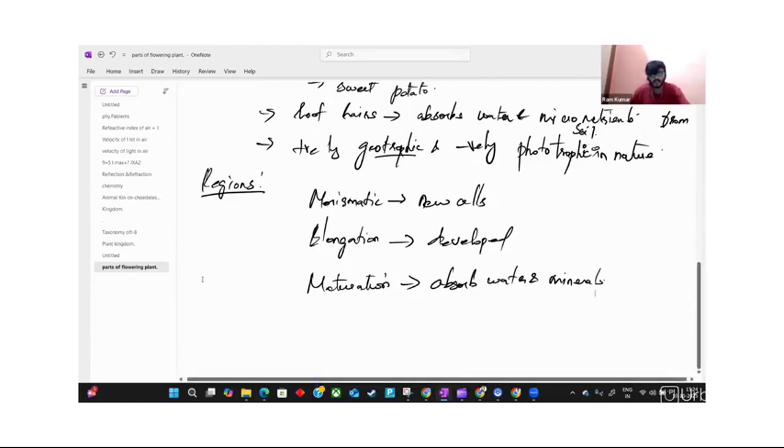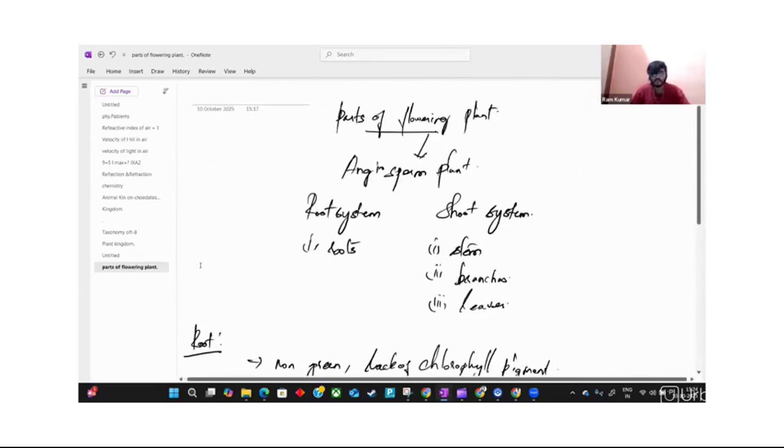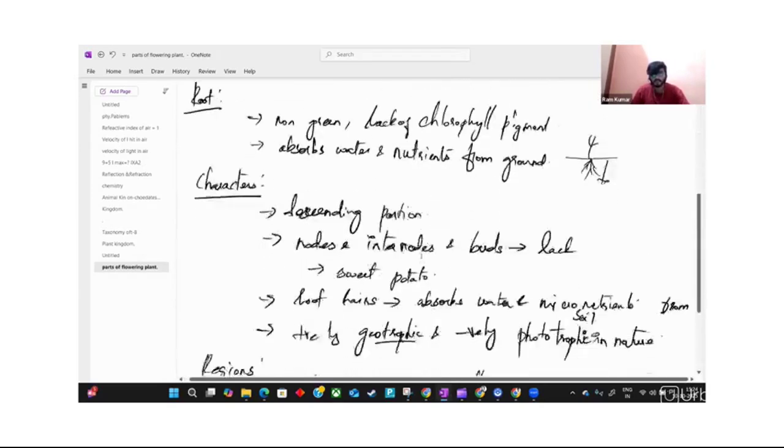So that's all for the root. Next we discuss the stem.